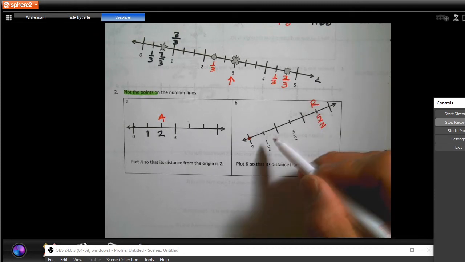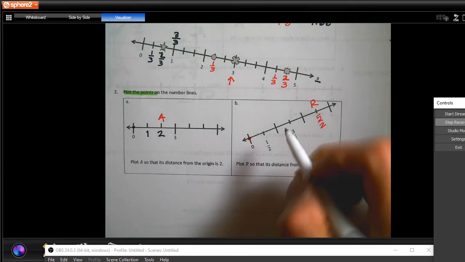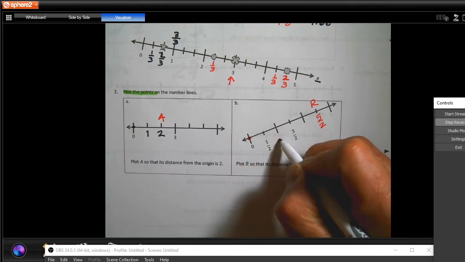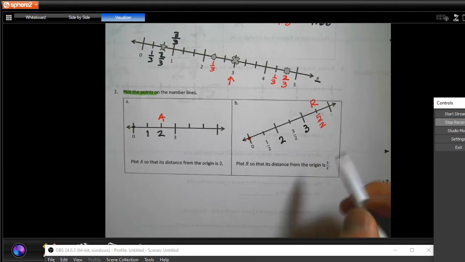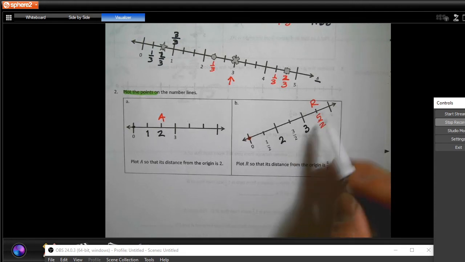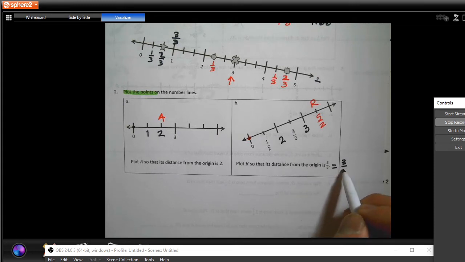And if you want to make this into numbers, remember, these are equivalent to these ticks right here. This is a 2, this is a 3. So the answer for that one will be 3 and 1/2. So 5 halves will be the same thing as 2 and 1/2.